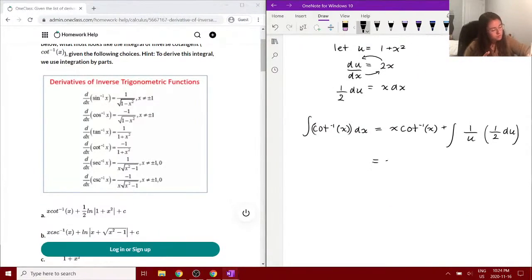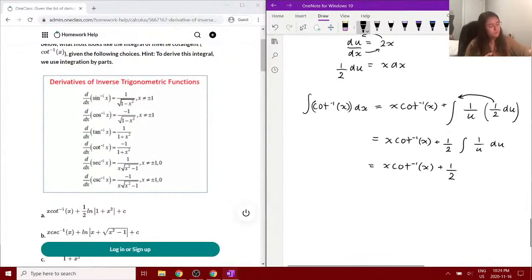So we have this first term that stays the same. And then we can take this 1/2 out because it won't affect the integral. It's just a constant. So 1/2 plus the integral of 1 over u du. First term stays the same. And now we have an easy integral of 1 over u.